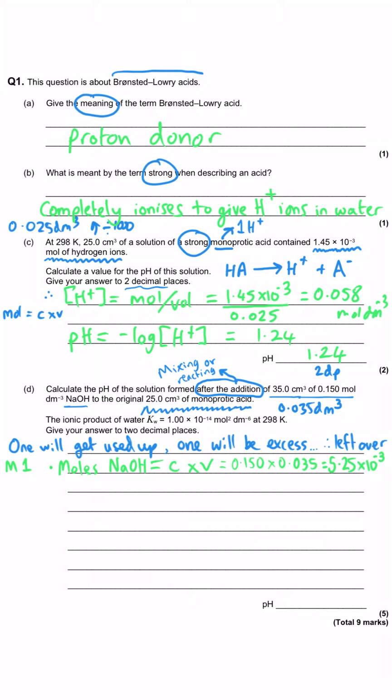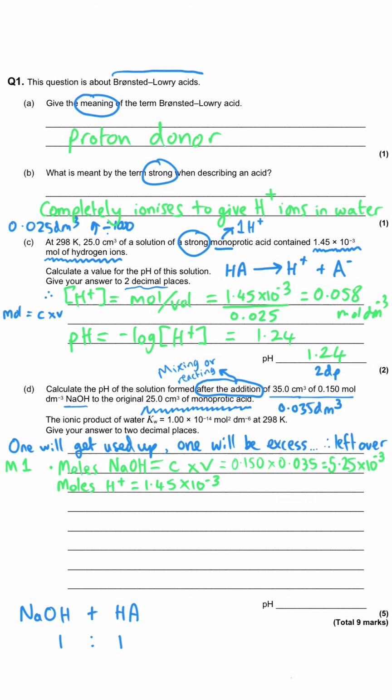We already know from the previous question that there was 1.45 times 10 to the minus 3 moles of hydrogen ions, so no extra marks for recognising that here, but it is important. And since sodium hydroxide reacts with this monoprotic acid in a 1-to-1 ratio, then we can see that the hydroxide ions are going to be present in excess because the moles of hydroxide is greater than the moles of the hydrogen ions.